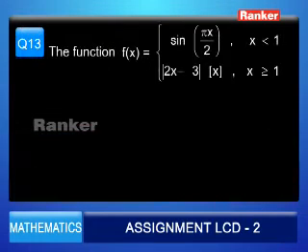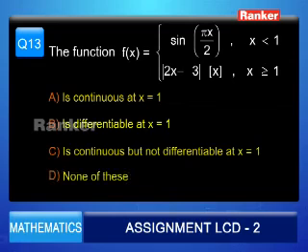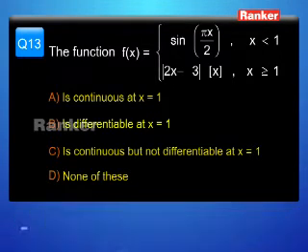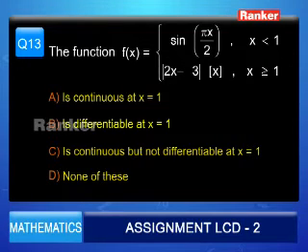Next question. The function f of x is equal to sin pi x by 2 if x is less than 1, and mod 2x minus 3 into step x if x is greater than or equal to 1.